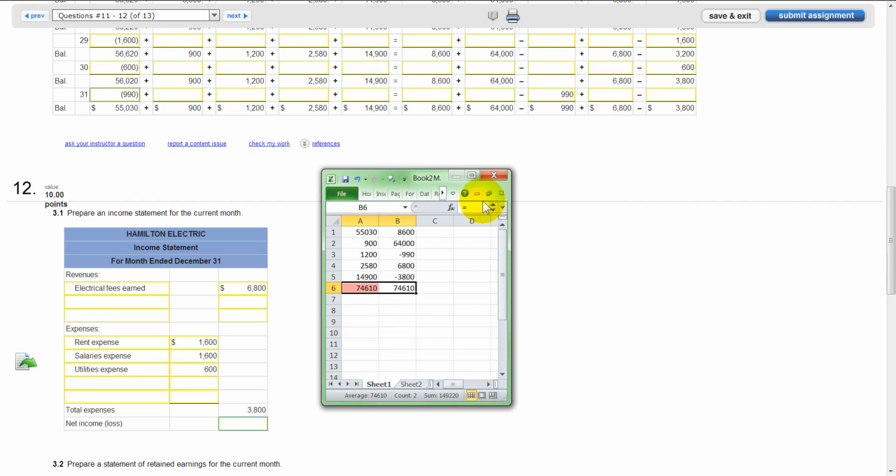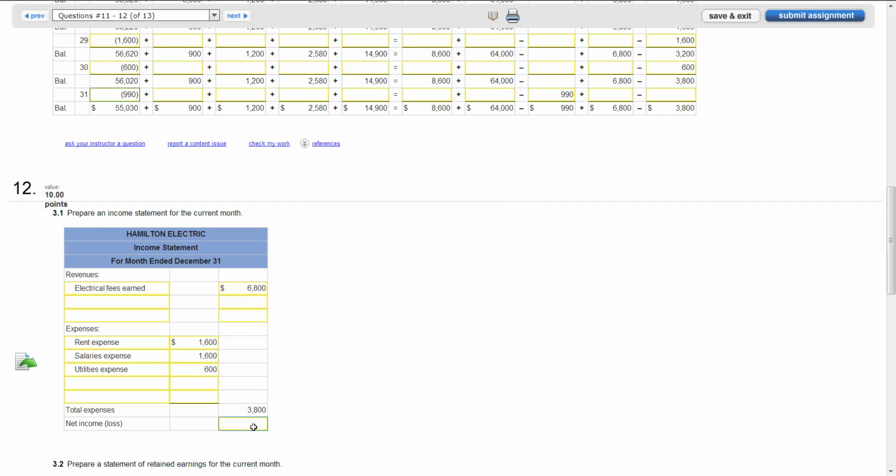So let me bring in my spreadsheet here. 6,800 revenue minus 3,800 expenses, and the total is 3,000. Oh, you know what? I could have done that in my head. Sorry. I don't trust my brains though. 3,000 is called net income. If you had more expenses than revenue, that would be called a net loss, a negative number down here.